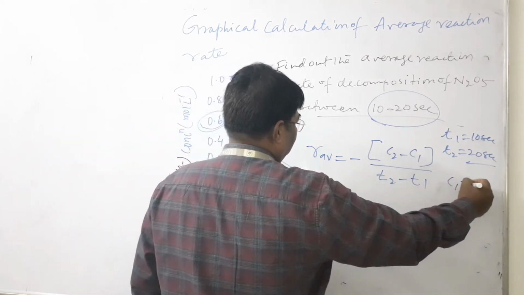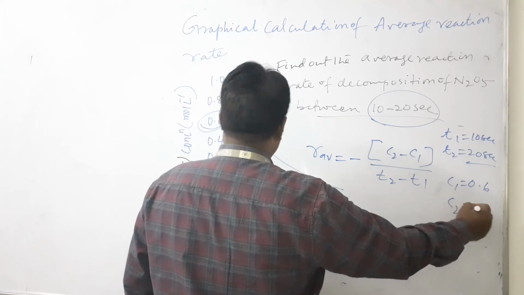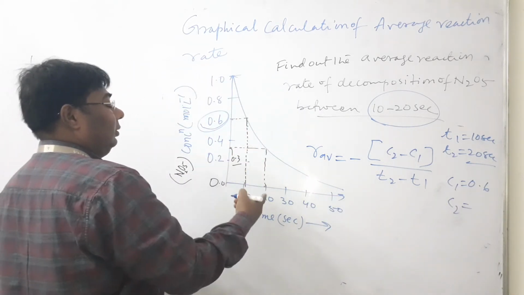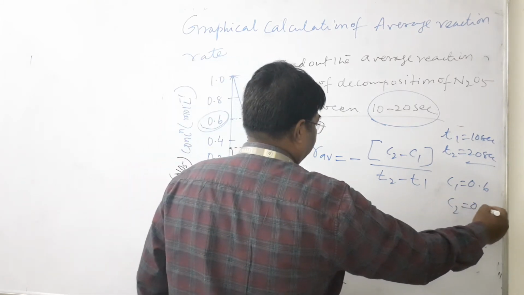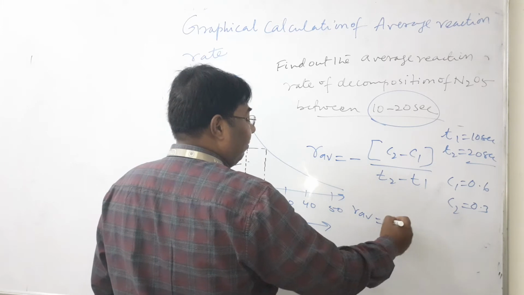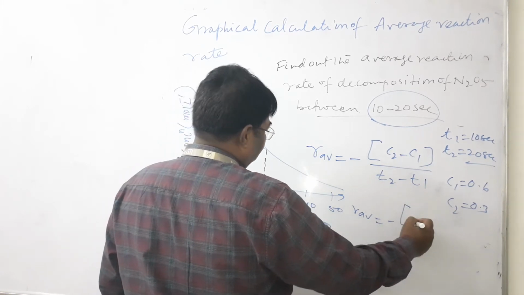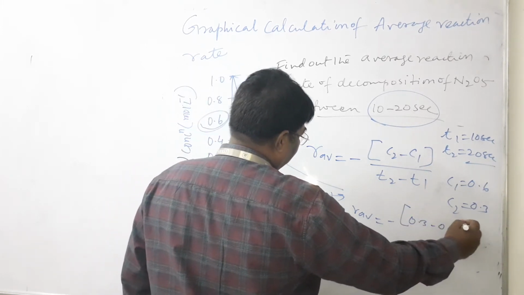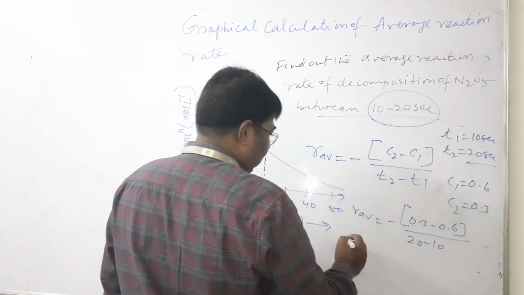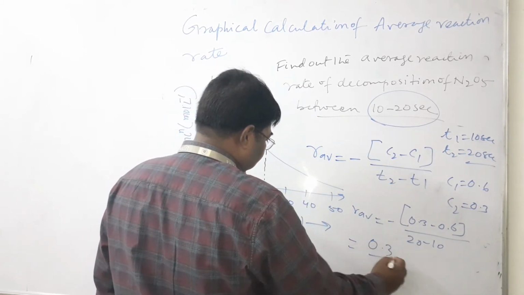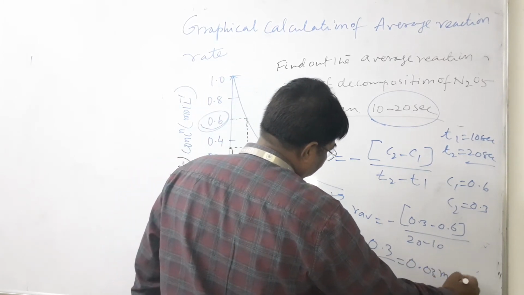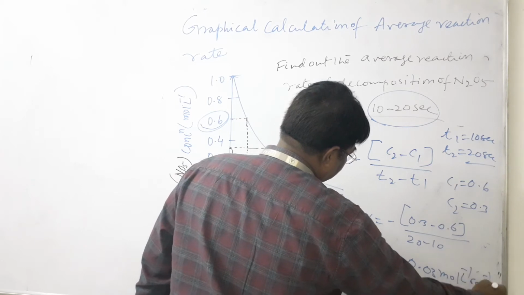So C1 is equal to 0.6 and C2 is equal to 0.3, from the graph. Now r_av is equal to minus (0.3 minus 0.6) by (20 minus 10). After calculation, 0.3 by 10, that means 0.03 mole liter inverse second inverse.